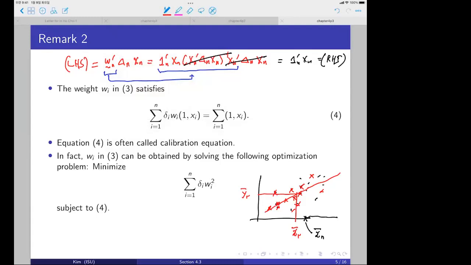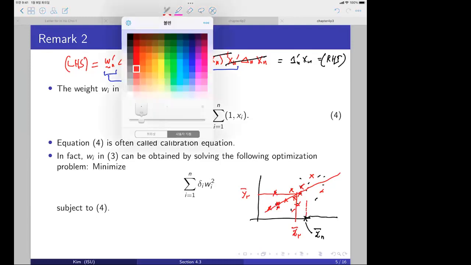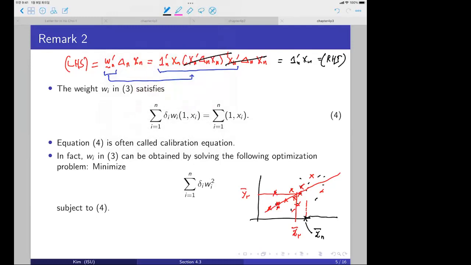So how should we utilize this information? Well, maybe one way is to predict at x bar n.